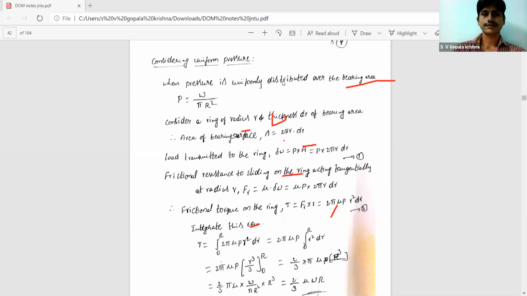It is very important because the same procedure we have followed here will also be followed in the other 5 derivations. So that's why I am saying it again.